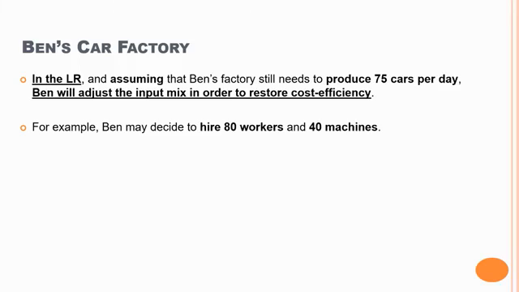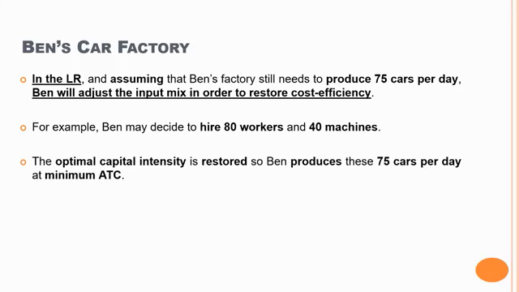And this adjustment is only a long-run adjustment. It cannot be a short-run adjustment, because in the short run, we can't change the quantity of machines that we have. In that case, you see that we have the optimal input mix, 2 workers per machine. Okay. The optimal capital intensity is restored, so Ben produces these 75 cars per day at minimum ATC. All right.